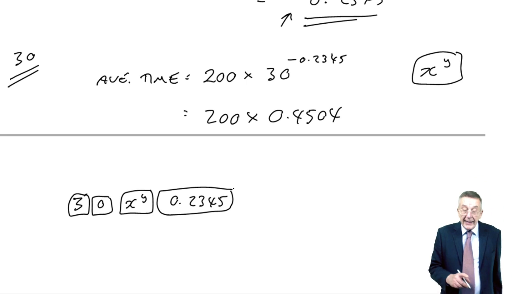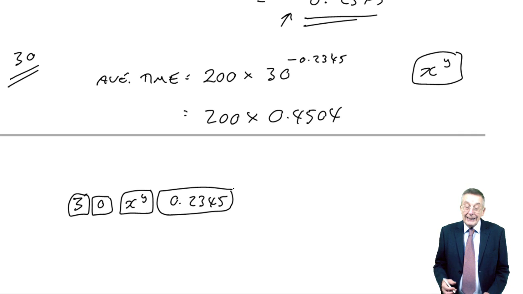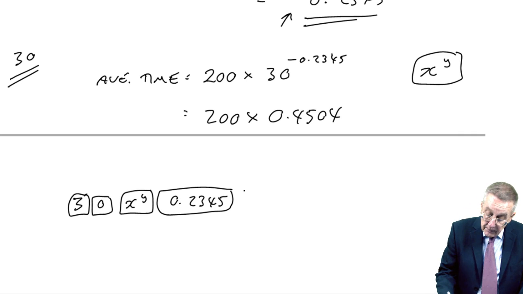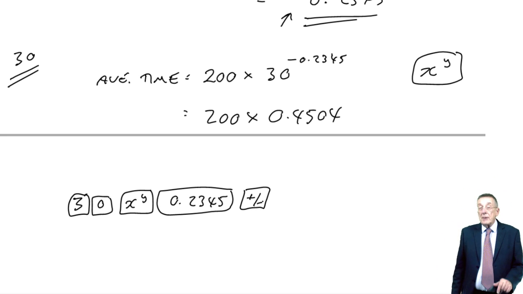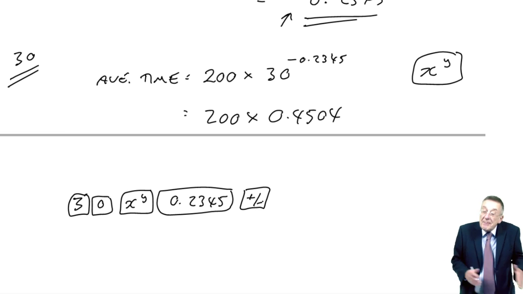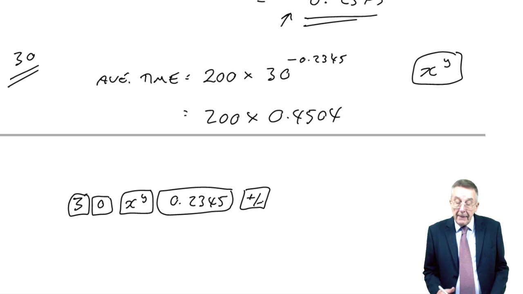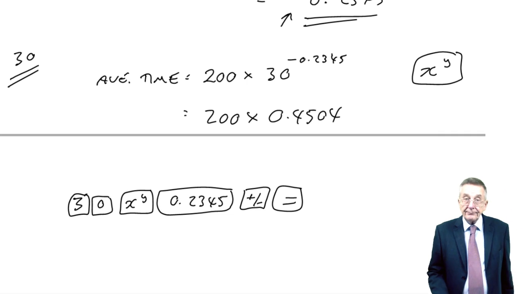The trouble is, if I put minus 2345, all it does is subtract it. I then have a button with a plus minus on it. And so although I didn't type the minus sign in, pressing plus minus puts the minus sign there. And then I press the equals button.